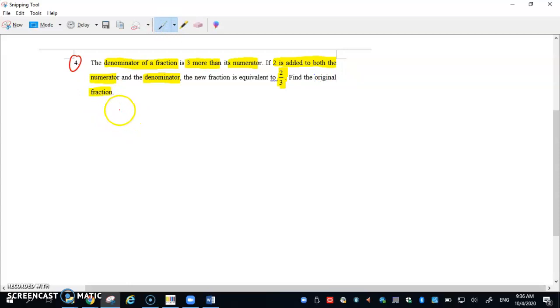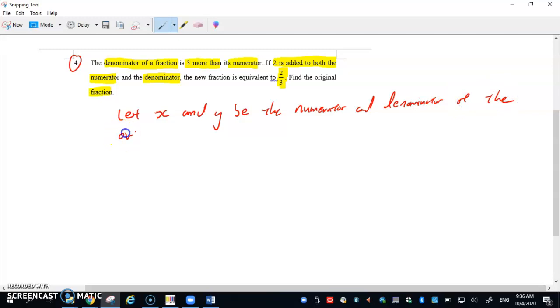So we will let x and y be the numerator and denominator of the original fraction respectively.